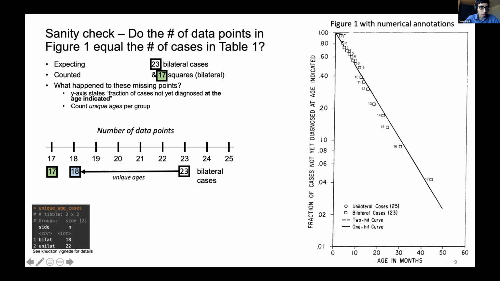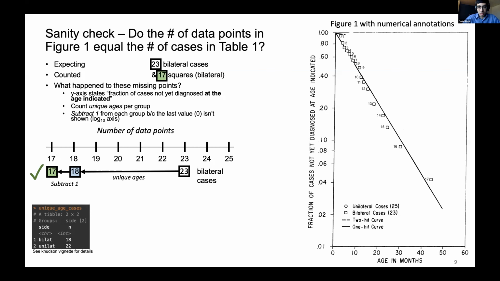And so just as a check, I counted the unique cases per age, and the number I got was 18 for the bilateral cases. This still didn't bring me down to 17, which was the number of points that I counted.